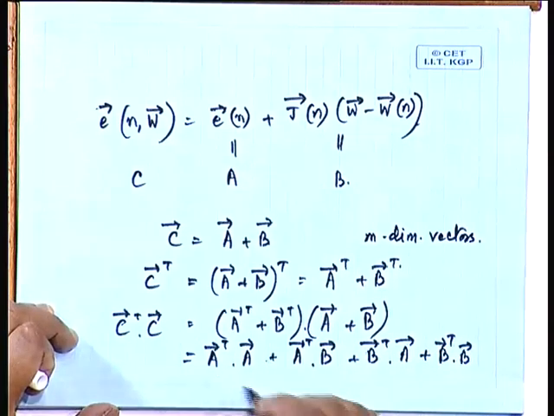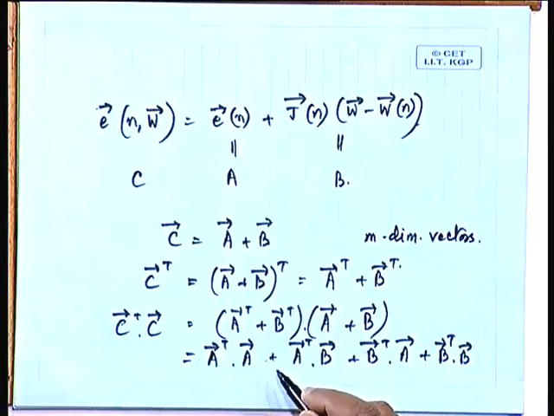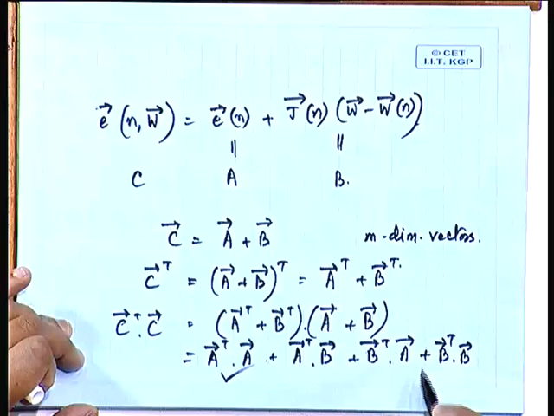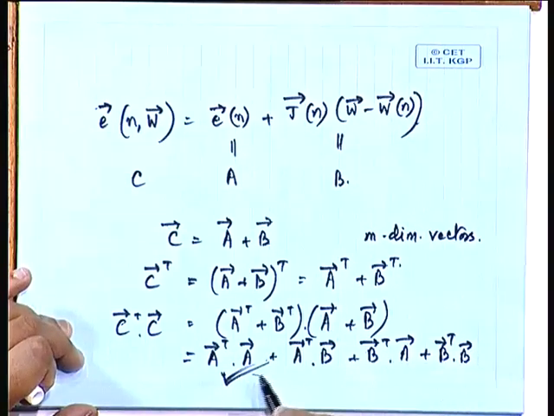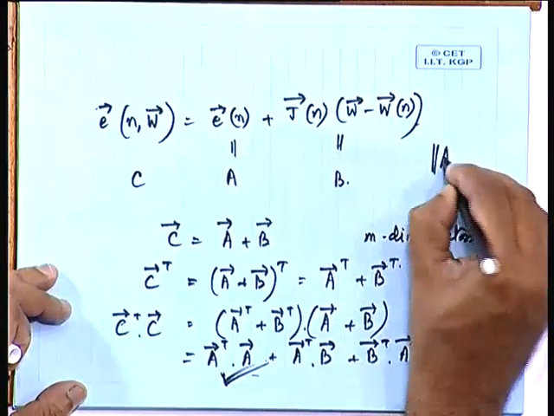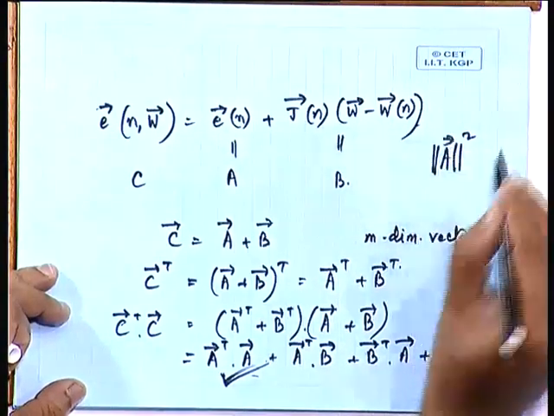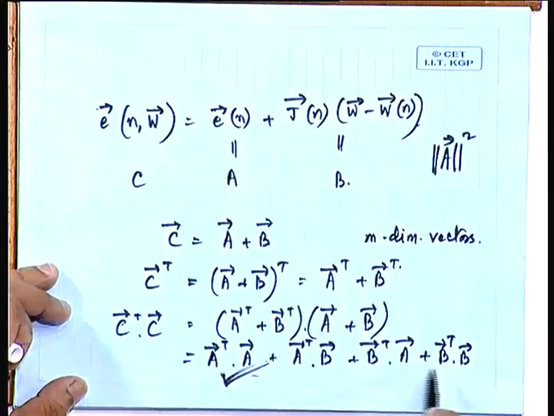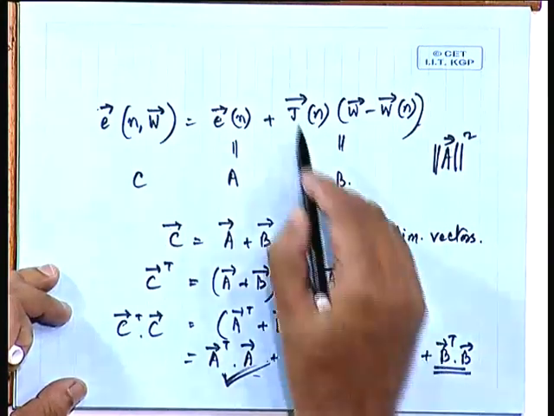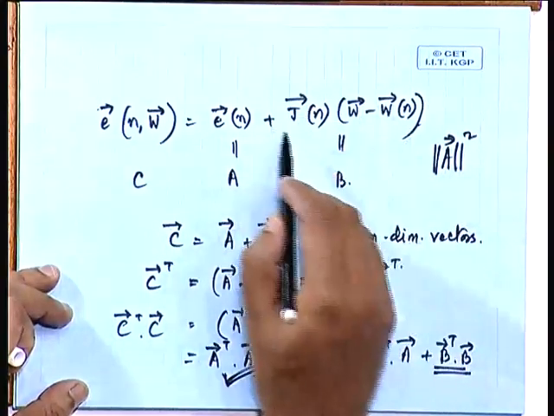Now, that means we get 4 expressions. In fact, that is what people were pointing out to me, that we definitely require 4 expressions here. One is A transpose A, which ultimately will turn out to be norm of A square, is it not? And this will turn out to be norm of B square. In fact, this B itself is a product of these two.